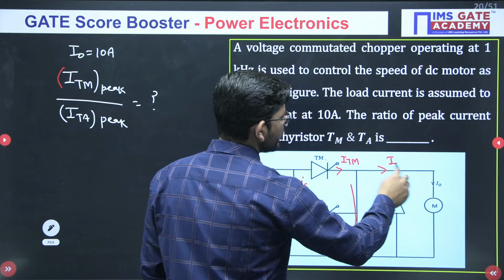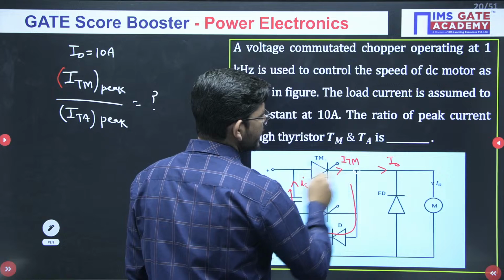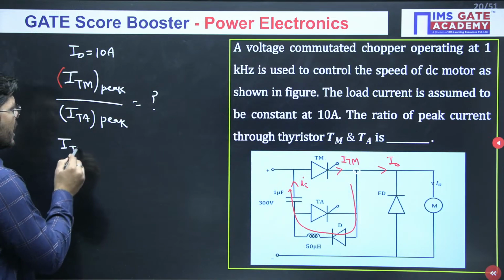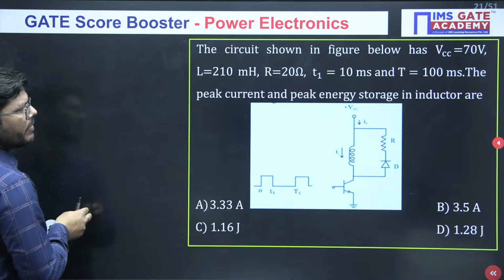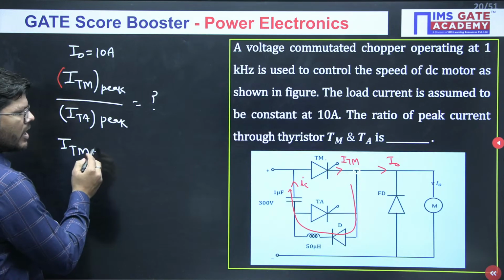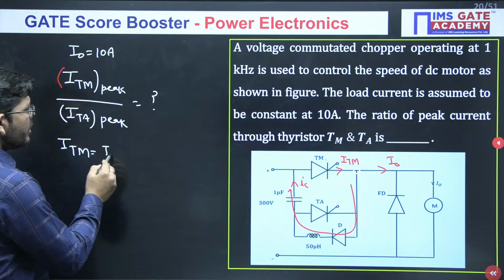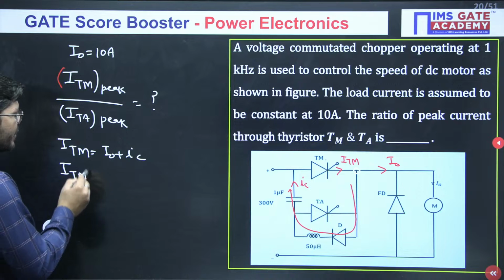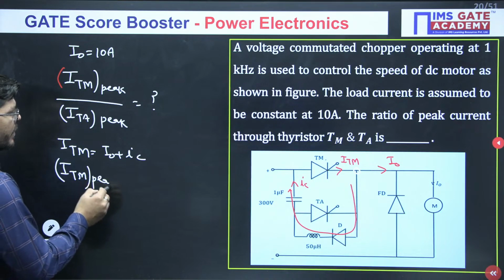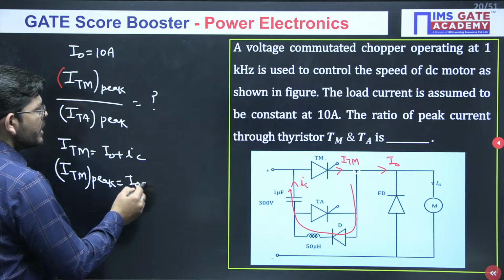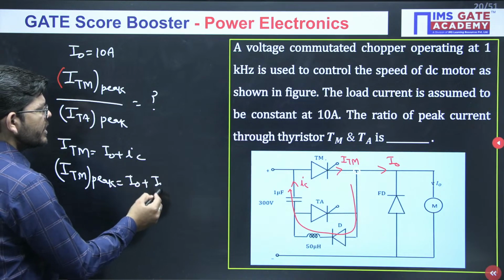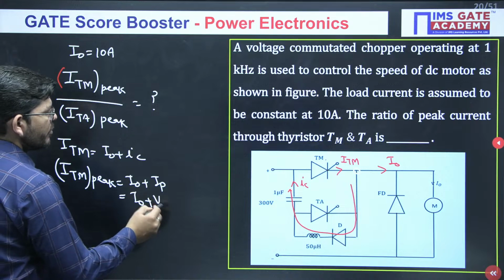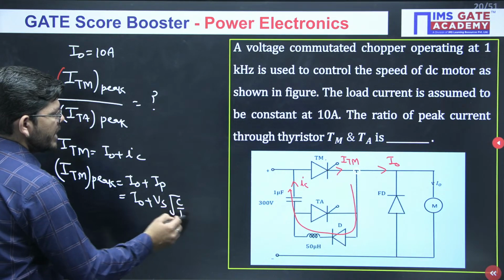If you apply KCL at this node, ITM will be I naught plus IC. If you want to calculate ITM peak, that will be equal to I naught plus the peak current of IC, which is IP, or I naught plus Vs under root C by L.